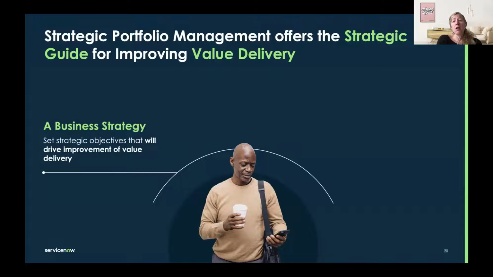So from a strategic portfolio management part of ServiceNow, we get up every day and think about how do we help create a great experience to help organizations set their strategic objectives, break them down into goals, and define the key results that they can use to measure and drive that improvement of delivering value every single day.